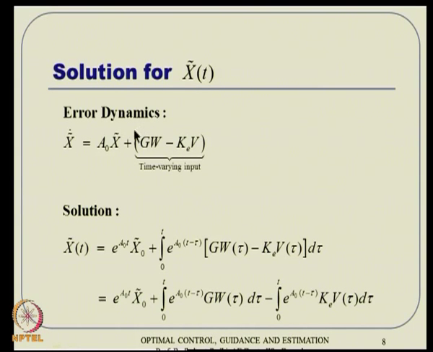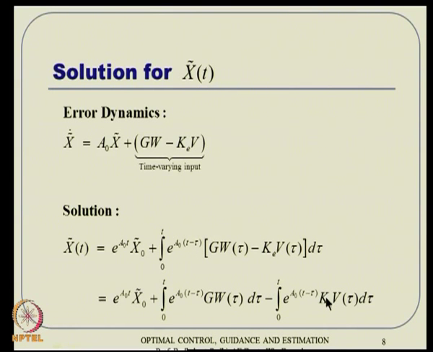Once you know this is a time varying input, the solution turns out to be like this from linear systems theory. This part is e to the power A naught t times x tilde 0, the homogeneous part, plus the forcing function part, which is given by a convolution integral, e to the power A naught times (t minus tau) multiplied by all these, and d tau. So this is the solution, considering this as a time varying input. How do you simplify this?